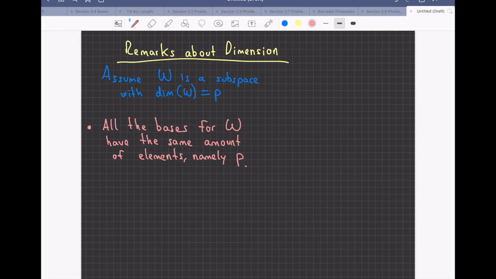So that is how we can identify or distinguish the dimension, because all the bases have the same amount of elements.